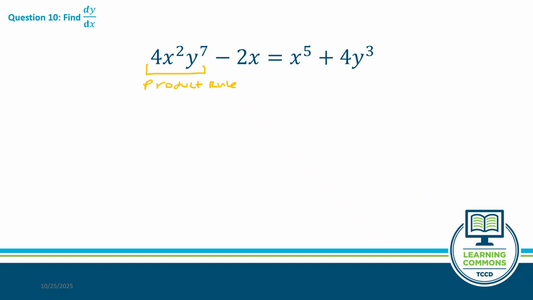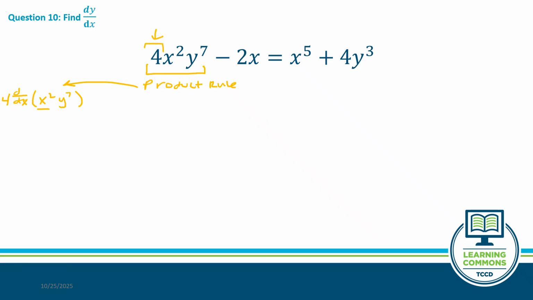I usually do it off to the side just so that way I can keep my life straight. And I also usually pull the 4 out. I pull out my coefficients just because I don't want to deal with them. So here's how I do that. Okay, pulled 4 out. It's just going to kind of follow me all the way down.